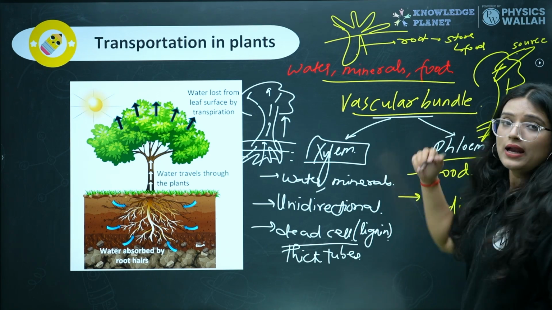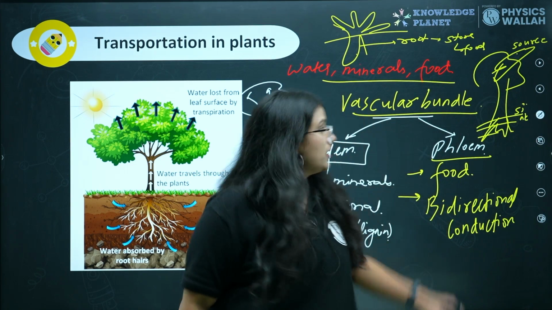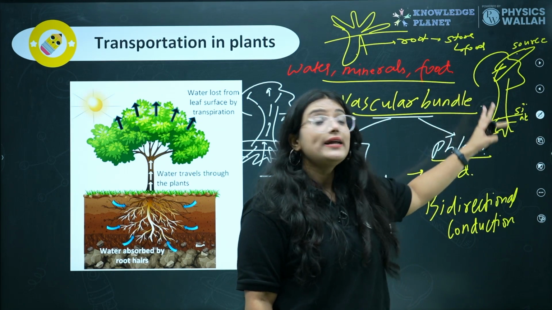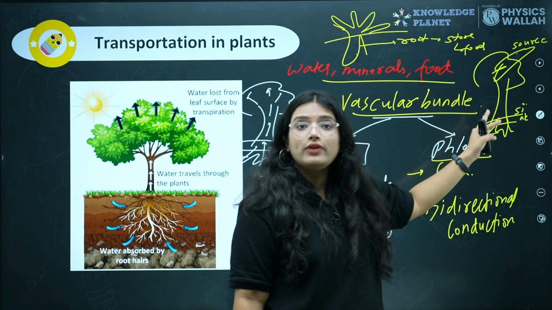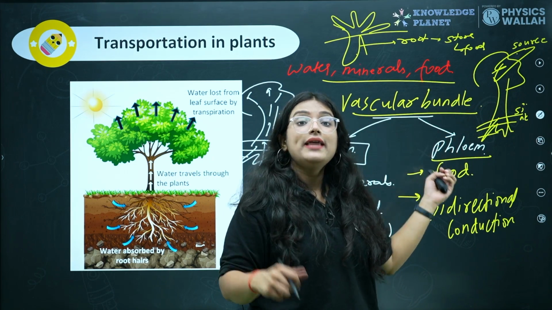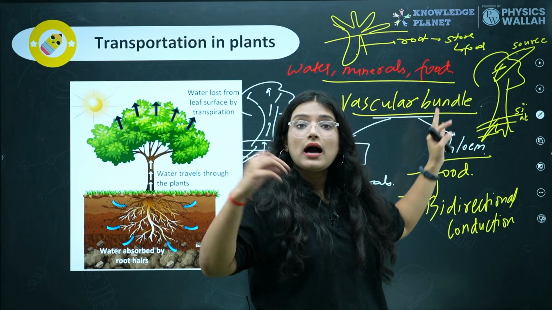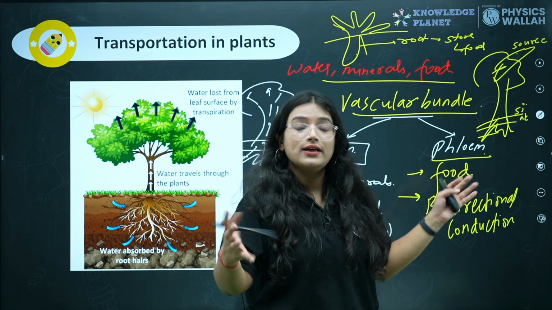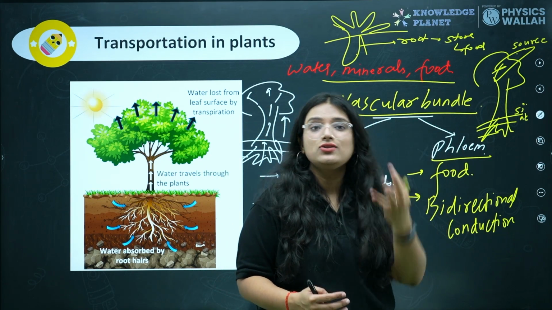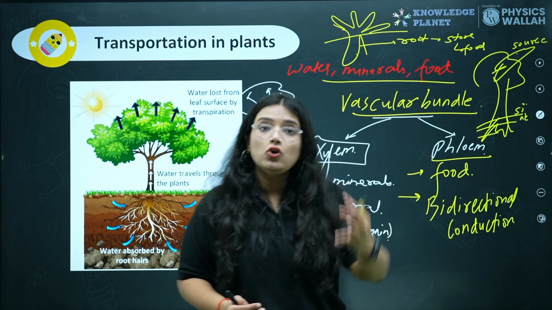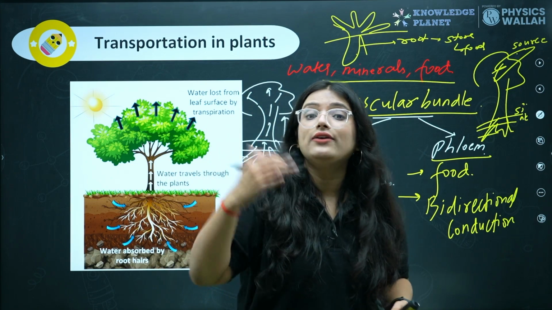Now, one more thing: during the daytime, the leaves are making food. But during the night, of course, they need food too. So during the night, other plant parts that store the excess starch can act as a source and give food to the different plant parts.